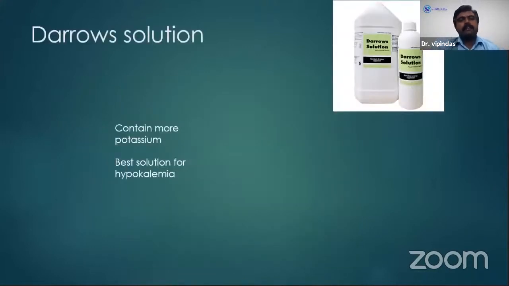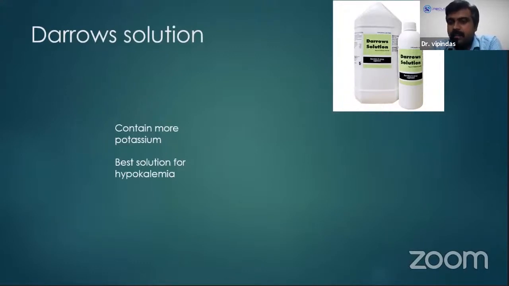And another important one is Darrow solution. This Darrow solution contains more potassium. Since it contains more potassium, it is the best solution for hypokalemia. So what are the first symptoms or signs of hypokalemia?